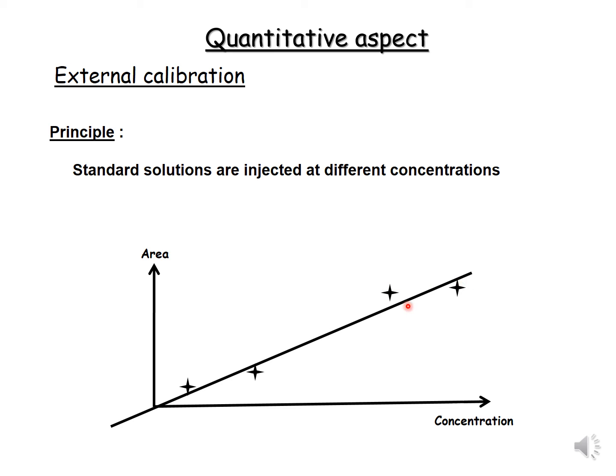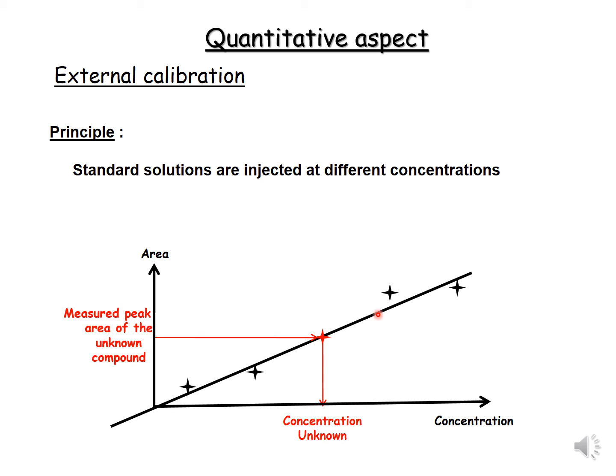We trace the regression line, and then we obtain here, if it is good, the measured peak area of the unknown compound, and we can calculate, using the equation of the line, the unknown concentration of our compound.